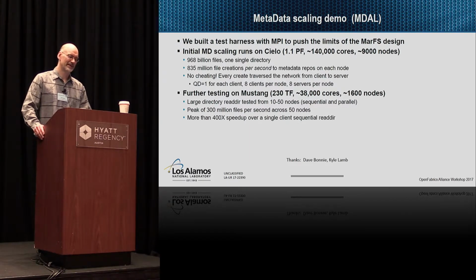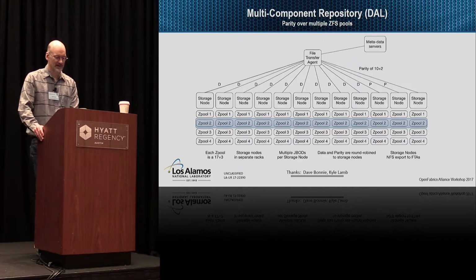So we make that a very cheap operation so that we would reveal any scaling issues. And it scaled very well, 140,000 cores of Cielo before it was decommissioned. We got close to 1 trillion files in a single directory, something like 1 billion file creates per second, less than that, something like that. Scaled very well.